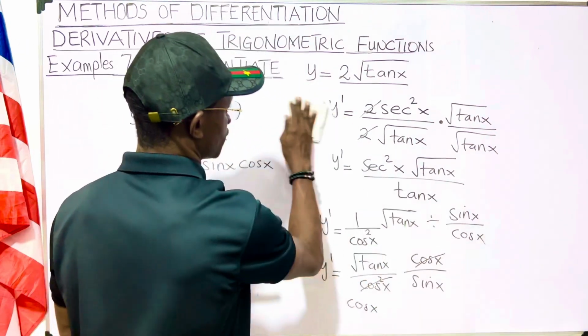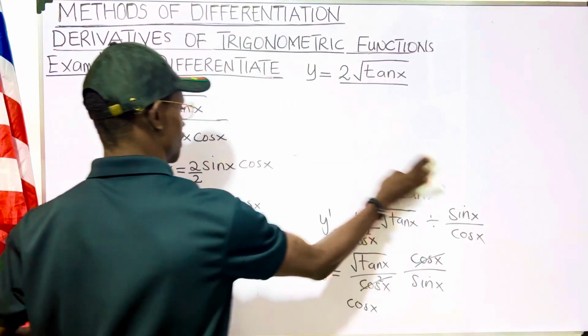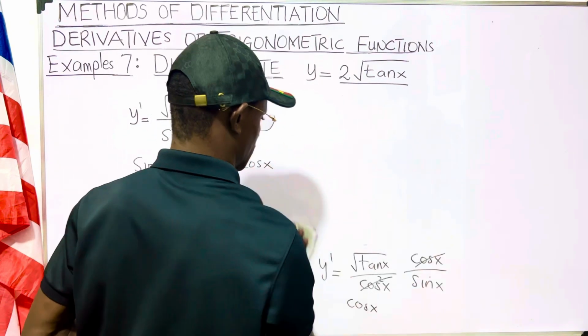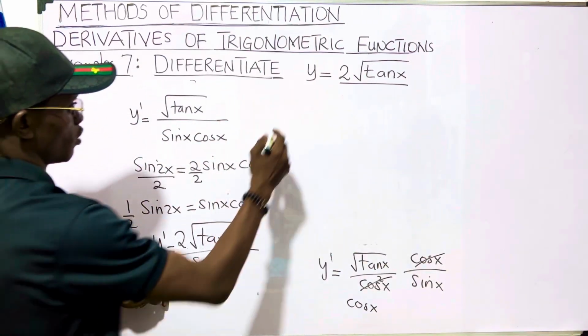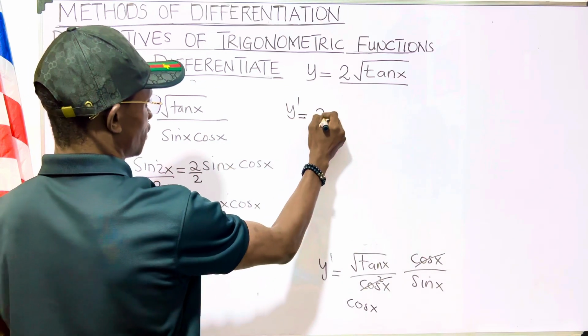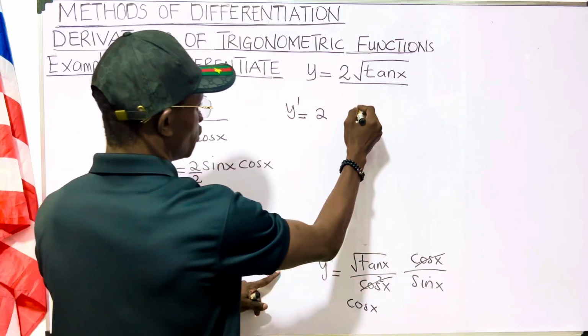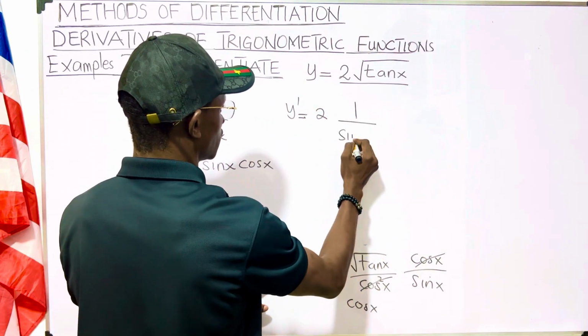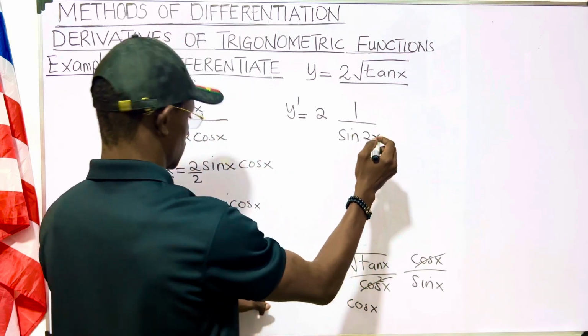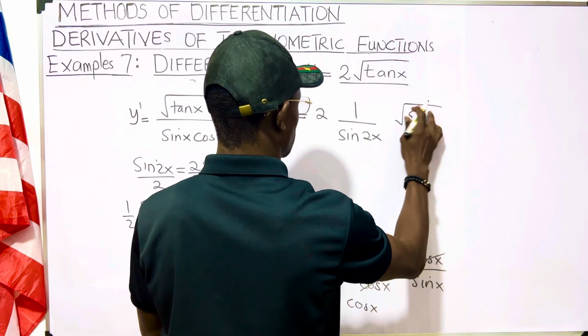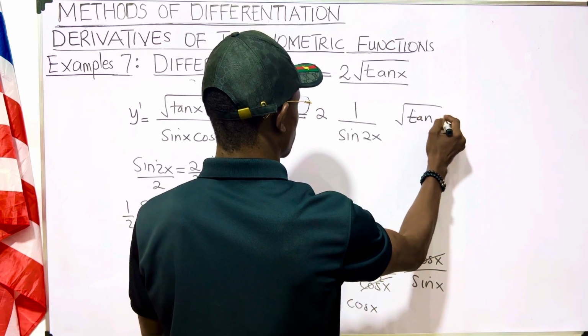Then finally, because we still have to simplify the problem, we have y prime to be 2 times 1 all over sine of 2x, then the square root of tangent of x.